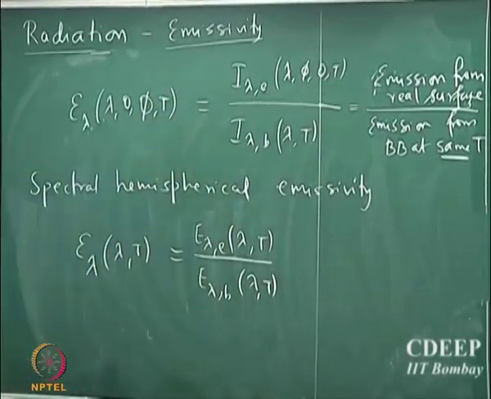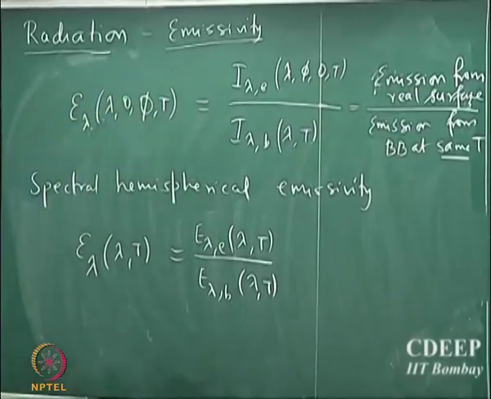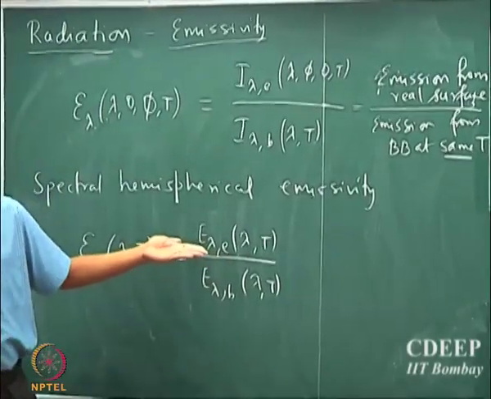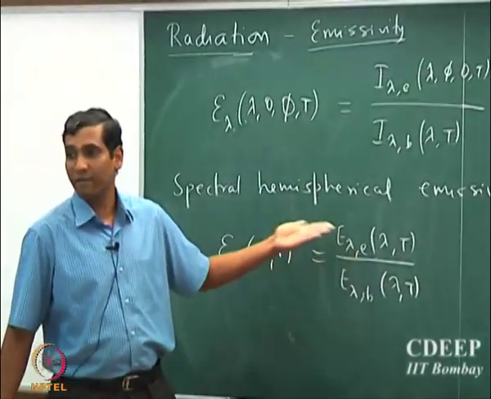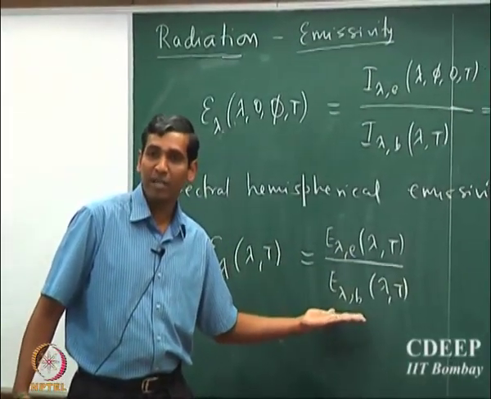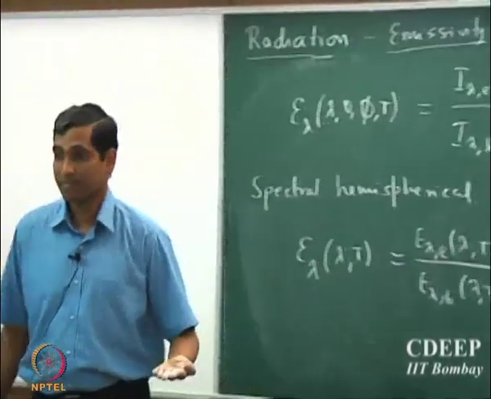The definition is emissivity is always defined as a ratio of the corresponding quantities. So here it is the ratio of the spectral hemispherical emissive flux from the real surface and the spectral hemispherical emissive flux from the Blackbody, which is maintained at the same temperature.